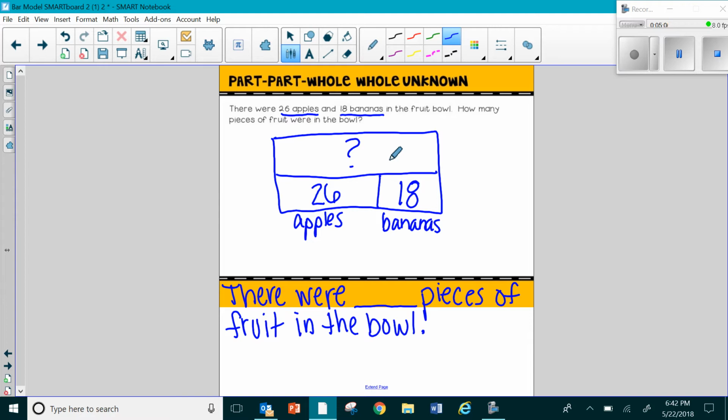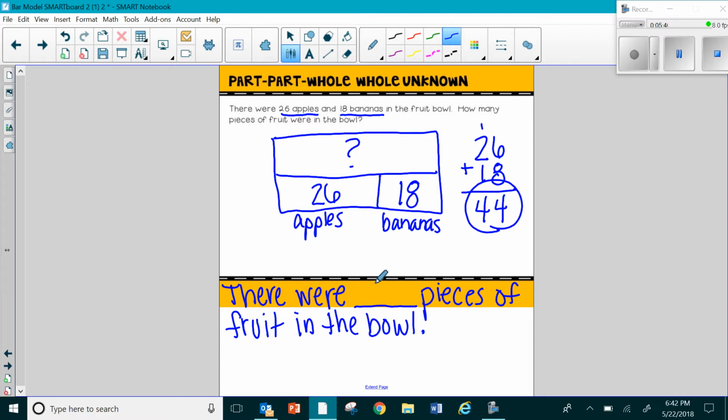Now, this is definitely a second grade word problem. So your second graders might use an open number line to solve this. And if we take 26 plus 18, and we get a total of 44, we know that 26 plus 18 equals 44.